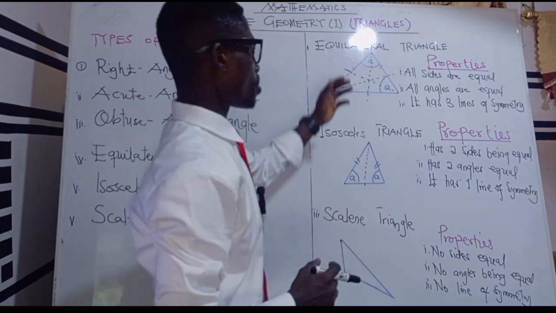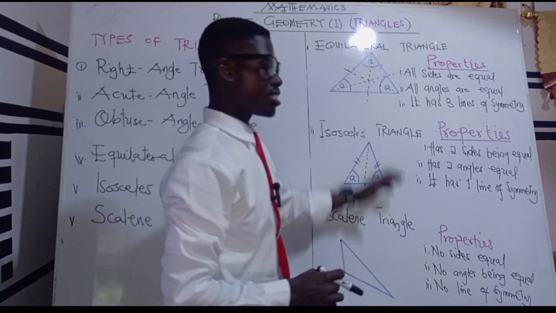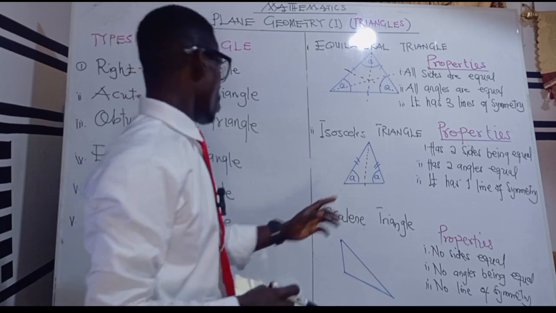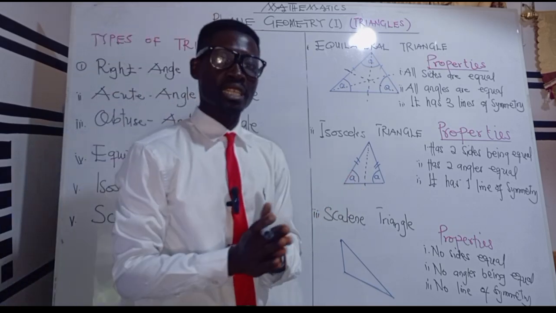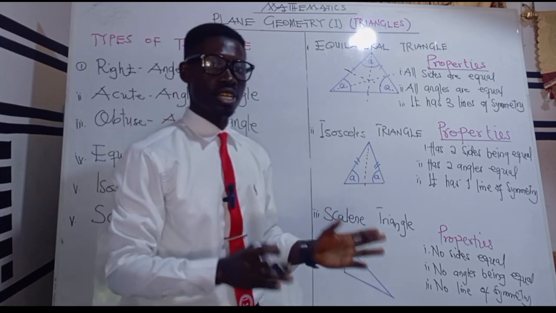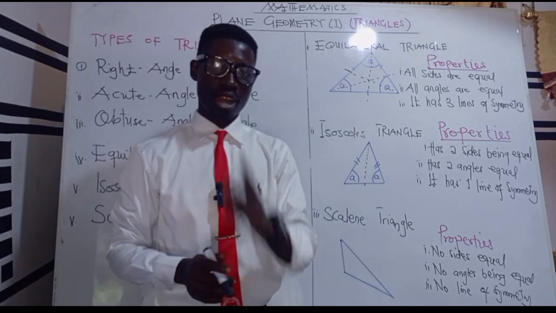So these are the very few properties of triangles that we have based on their size. So we are going to base on these angle properties to solve questions on angles.